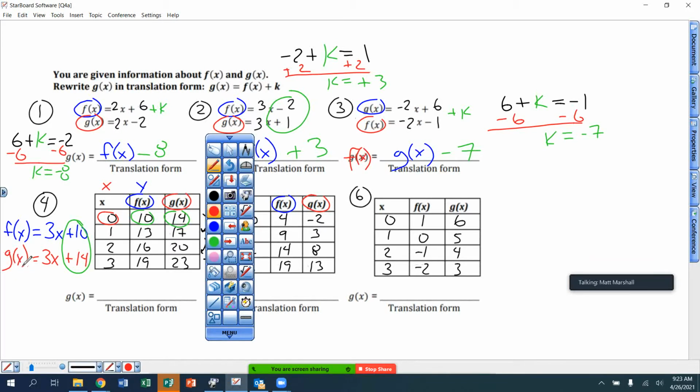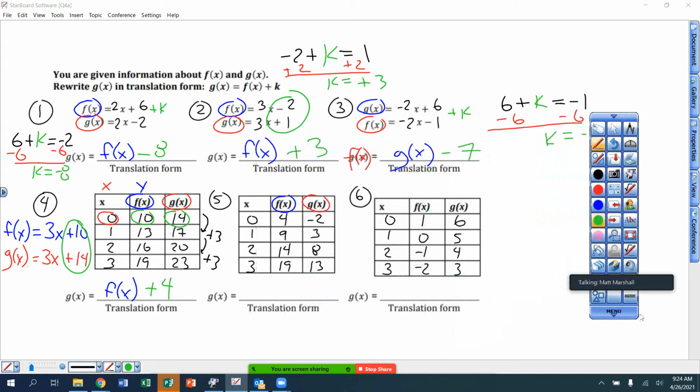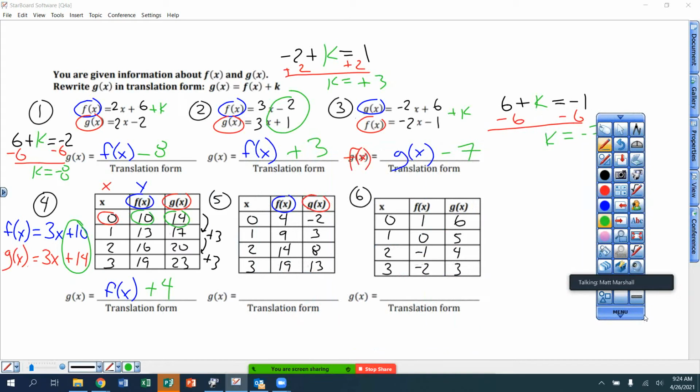So when I do this, the g of x line came from me plugging in the f of x line and adding 4. So again, if they give you the equations, use the slope as the same, but then use the y-intercepts to get that k number.